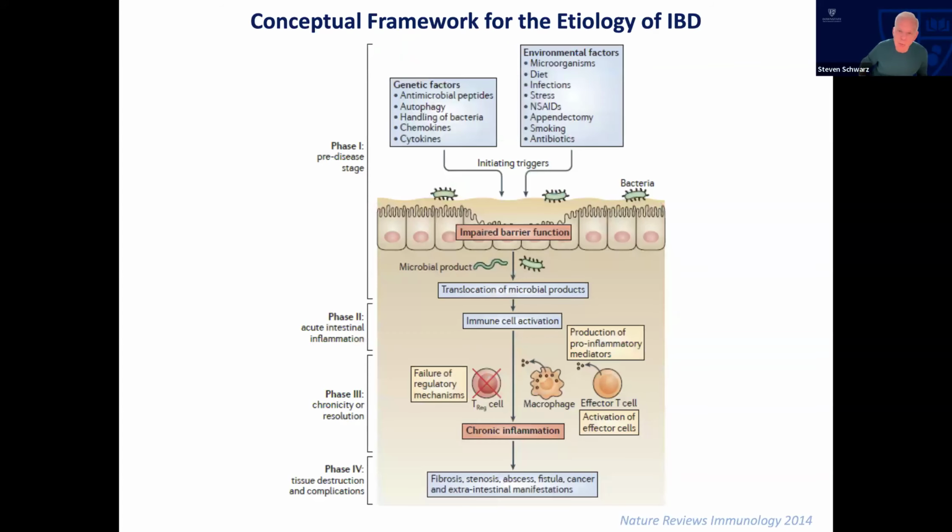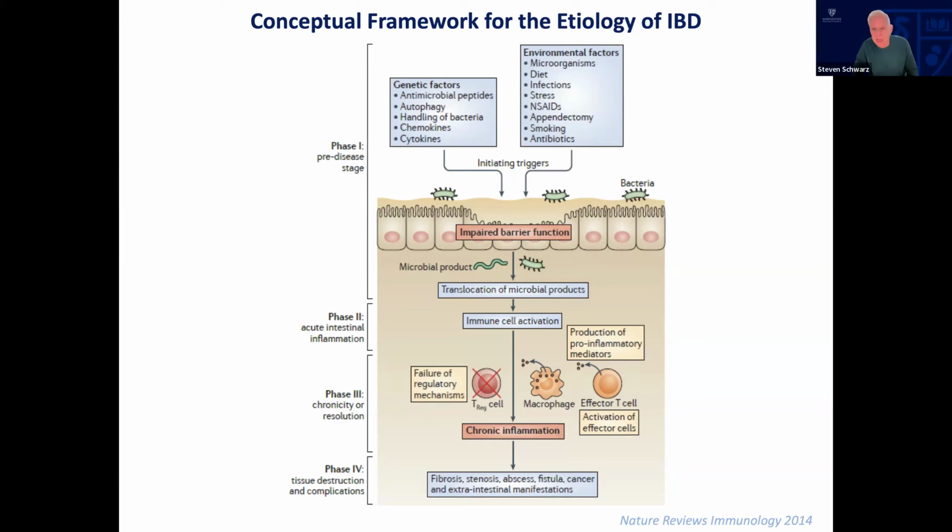The conceptual framework is shown here. And at the top, we have genetic factors, the response to antimicrobial peptides, and we'll learn which of the genes is responsible for doing that. Autophagy, we'll talk about autophagy, how we handle bacteria, and how chemokines and cytokines are elaborated.